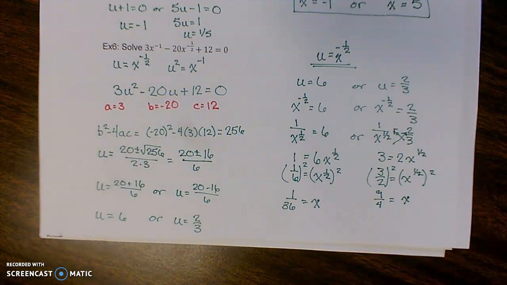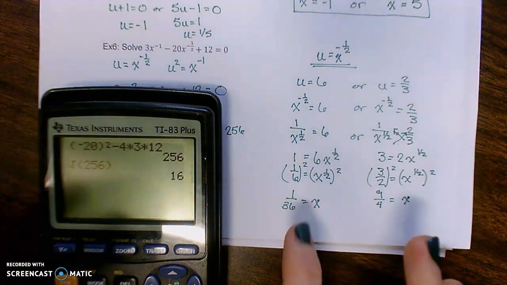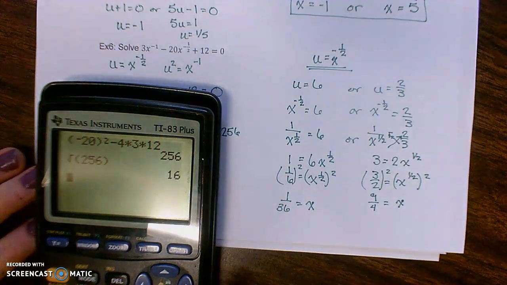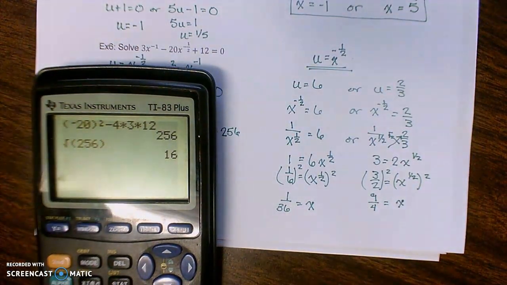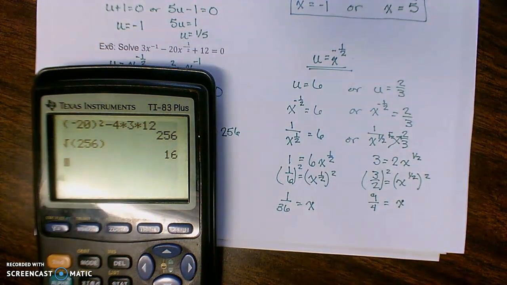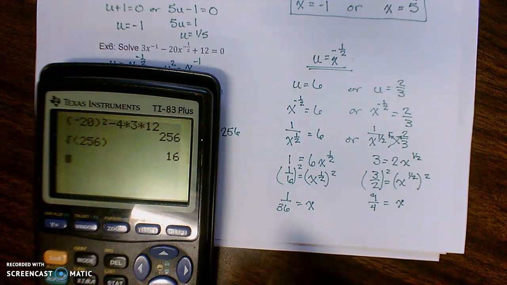Now, if you remember, when we have fraction exponents, we want to be double sure that we have the correct answer by plugging our answers into the original equation. Because sometimes we get wrong answers when we have fraction exponents in our equation. So I'll just go ahead and do that. I'll start with 1/36.